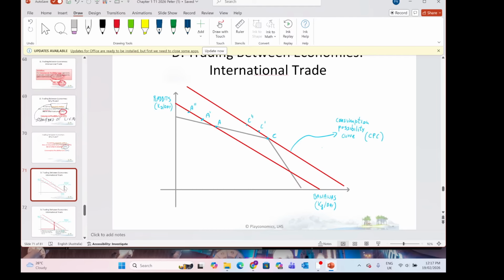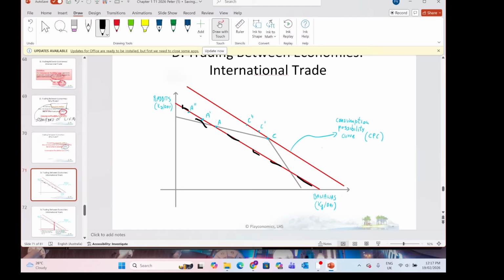This diagram, I think if Alberto was doing this lecture, he might explain it a little differently to me, but I'm going to explain it this way. The inner line here, in the end, I want students to ignore that line.